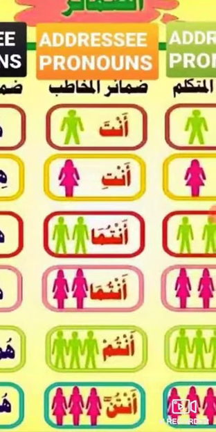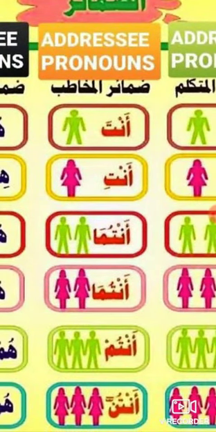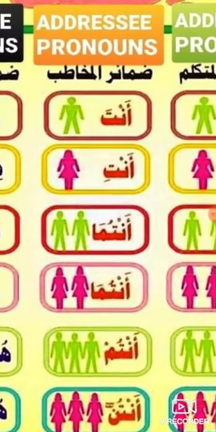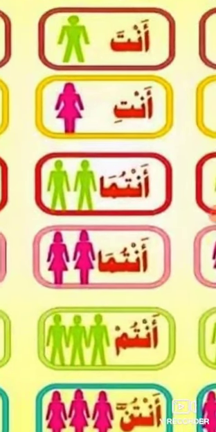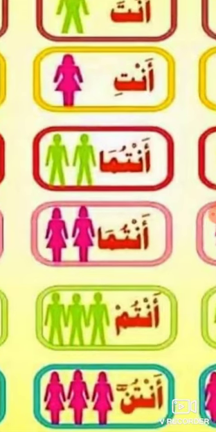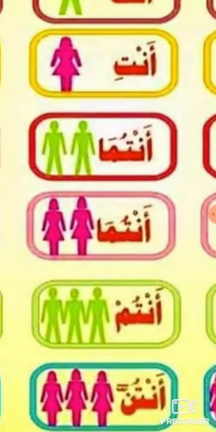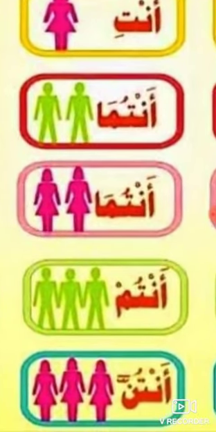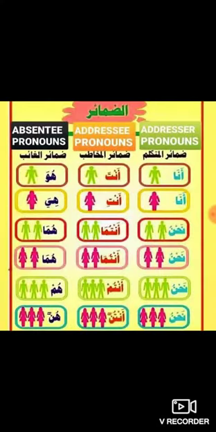Now the second person pronouns, anta, you for male, anti, you for female, antuma, you both, males. Antuma, you both for females. Antum, you all, more than 2, males. Antun, you all, more than 2, females.